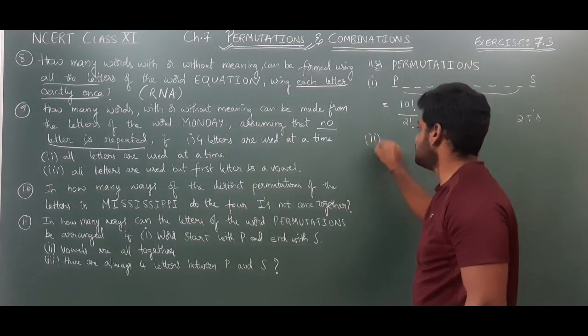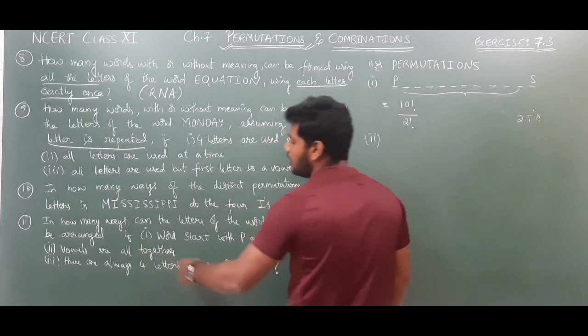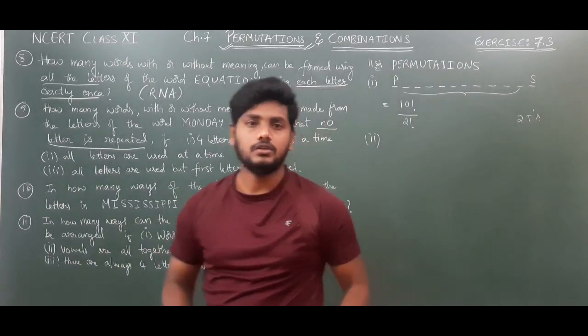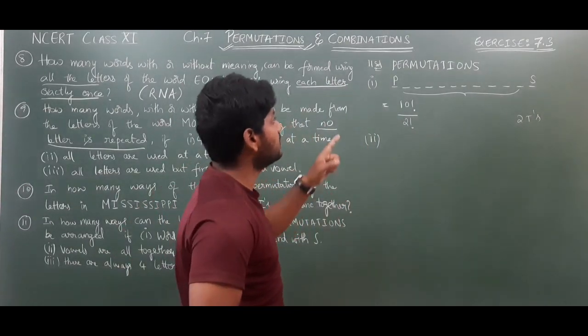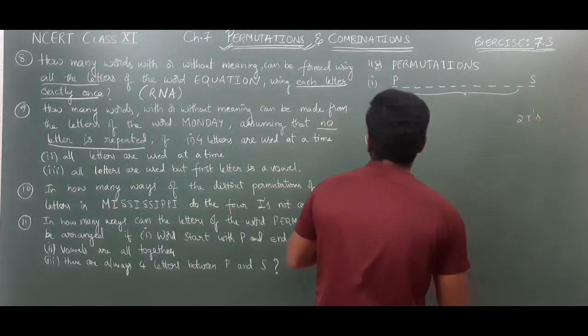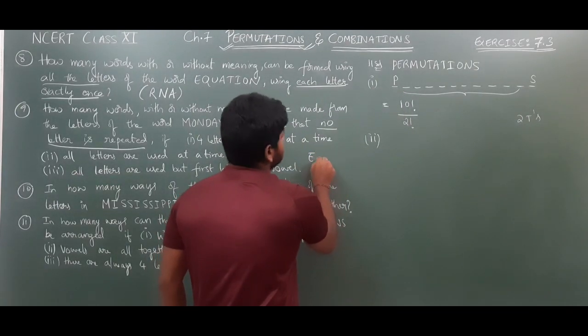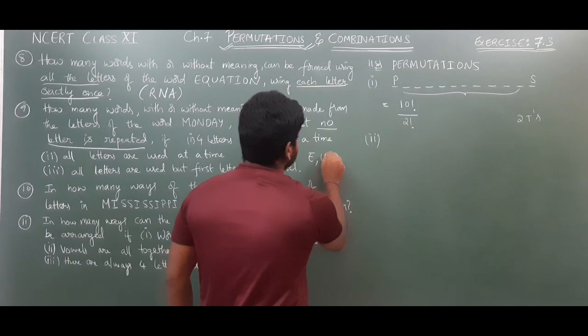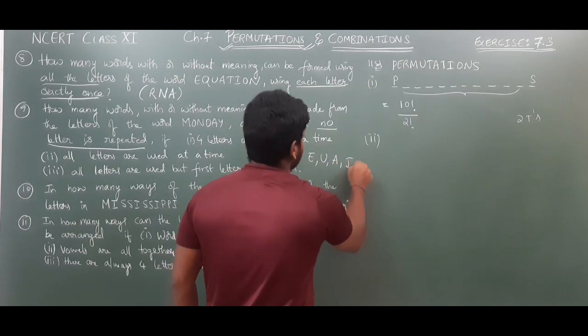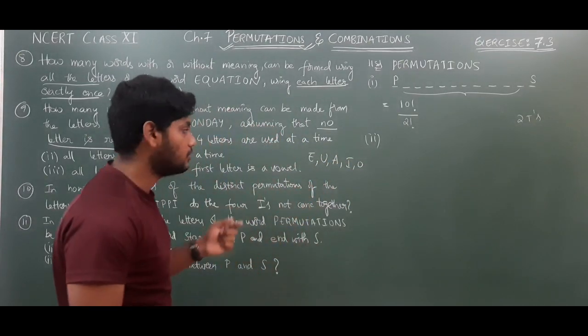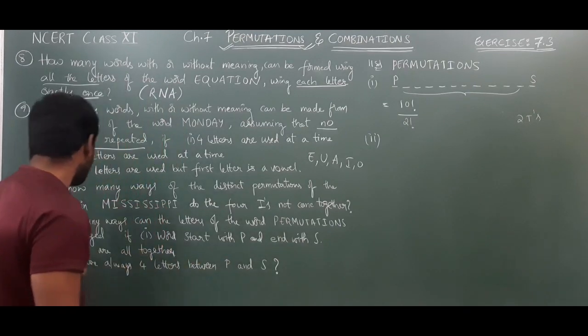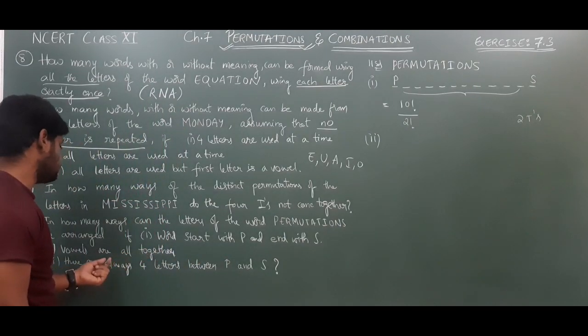Next, second question. Vowels are all together. See how many vowels are there in that word permutations. See here, E, U, A, I, O. All vowels are there in that word. So those all vowels should occur together, right?